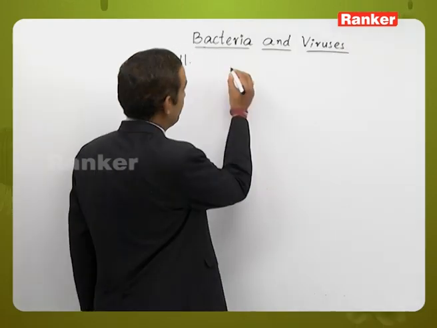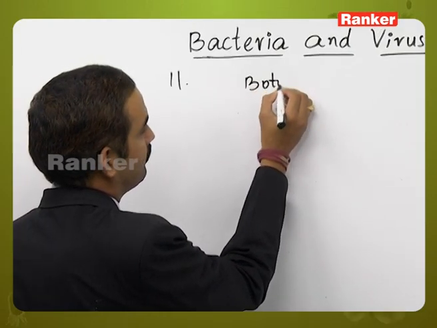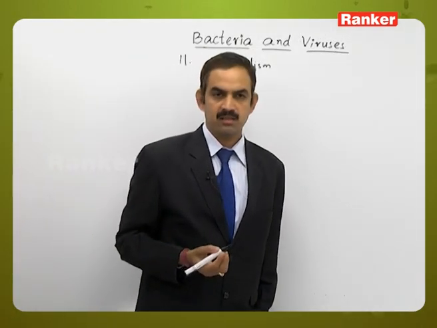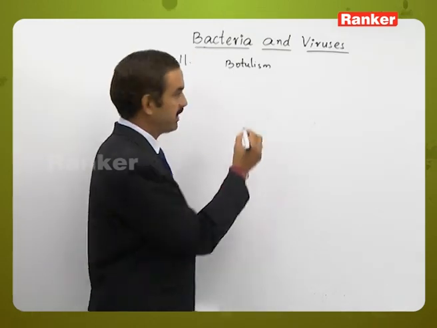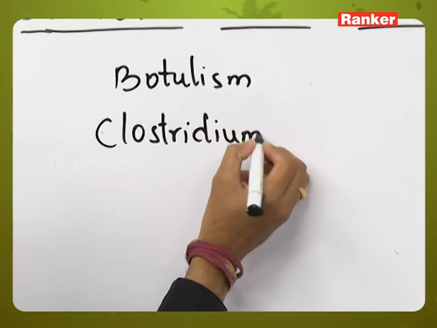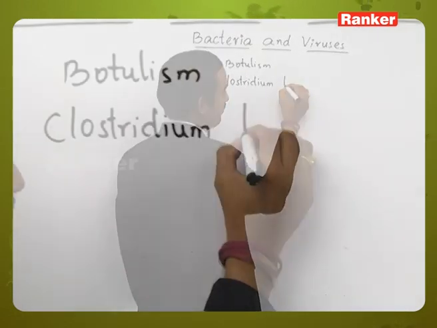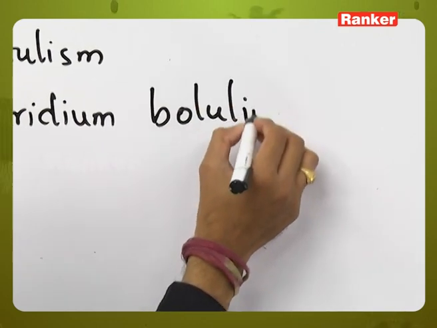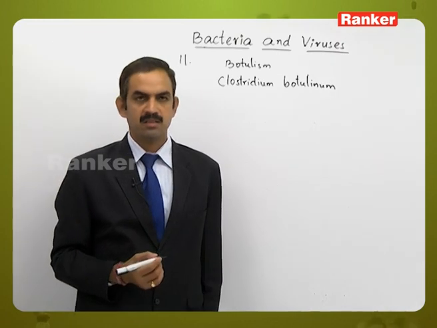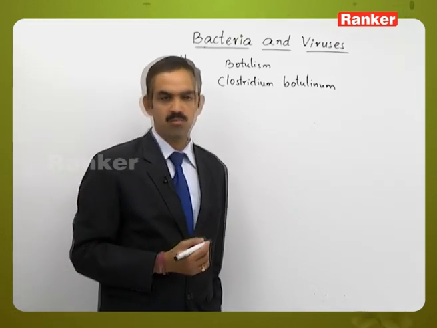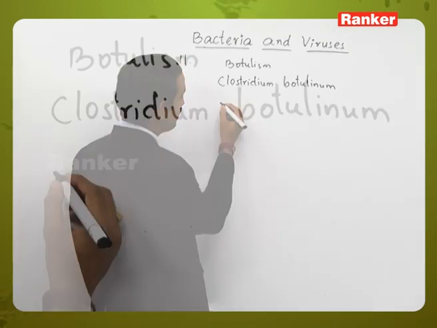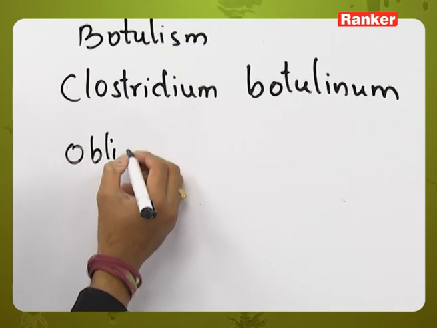So here botulism is the disease caused by a bacterium called Clostridium botulinum, which causes spoilage of food materials. So this is an obligate anaerobe.